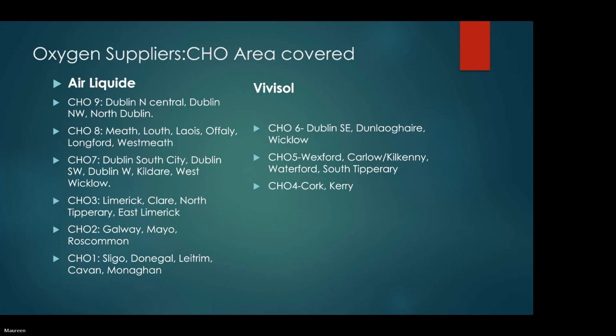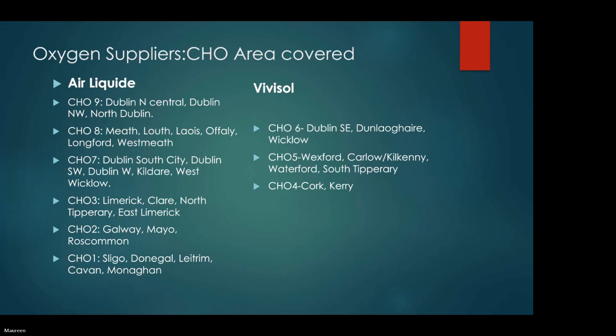And then a new company has emerged onto the market, and they're called Vivisol. Now, they're well set up in the UK, so they've got a wealth of experience to bring to bear. And they also will supply all manner of oxygen therapy devices to meet virtually anybody's needs.